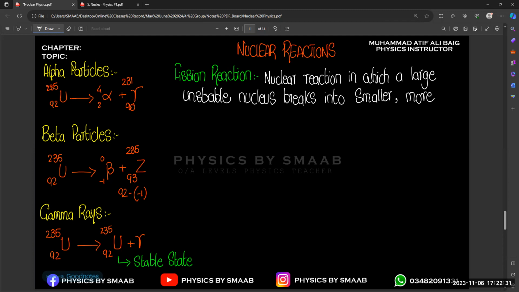So basically, the concept is that it will not be completely stable. It will be more stable as compared to the previous state, right? So the radiation that is decaying from that radioactive particle will reduce or slow down.